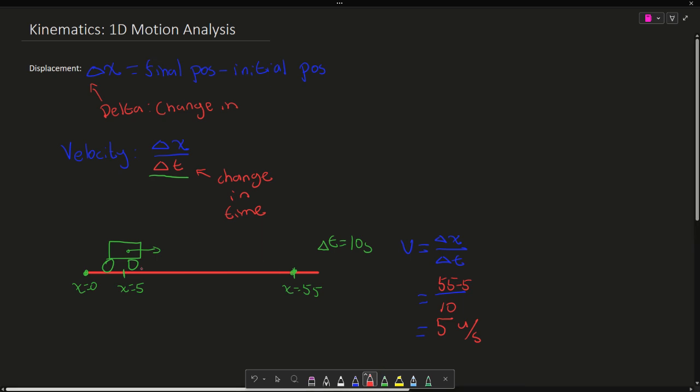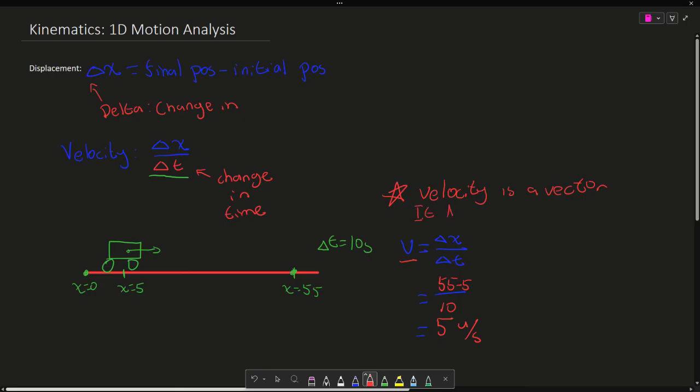And since it's on a 1D plane, there can only be two directions, positive and negative. Recall, velocity is a vector, which means it must have a direction along with the magnitude, which is 5.